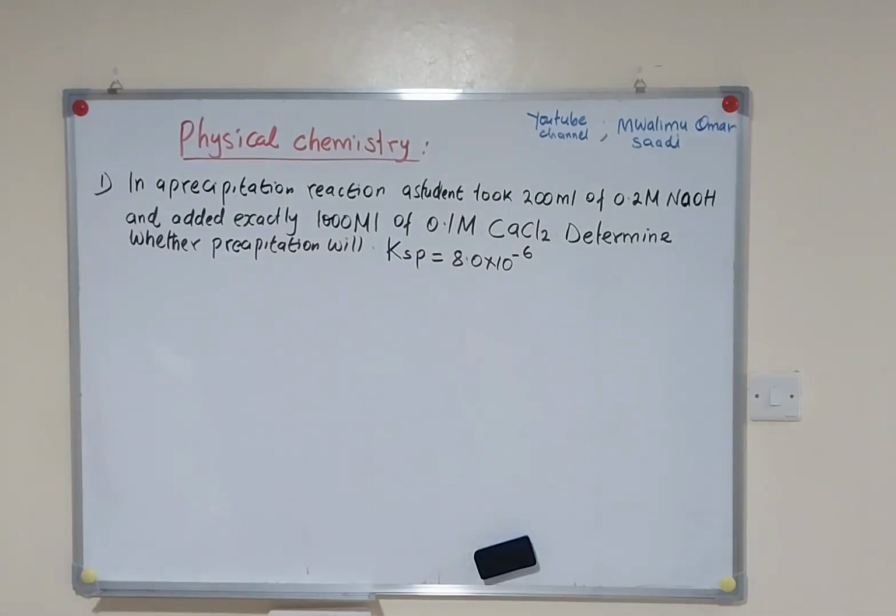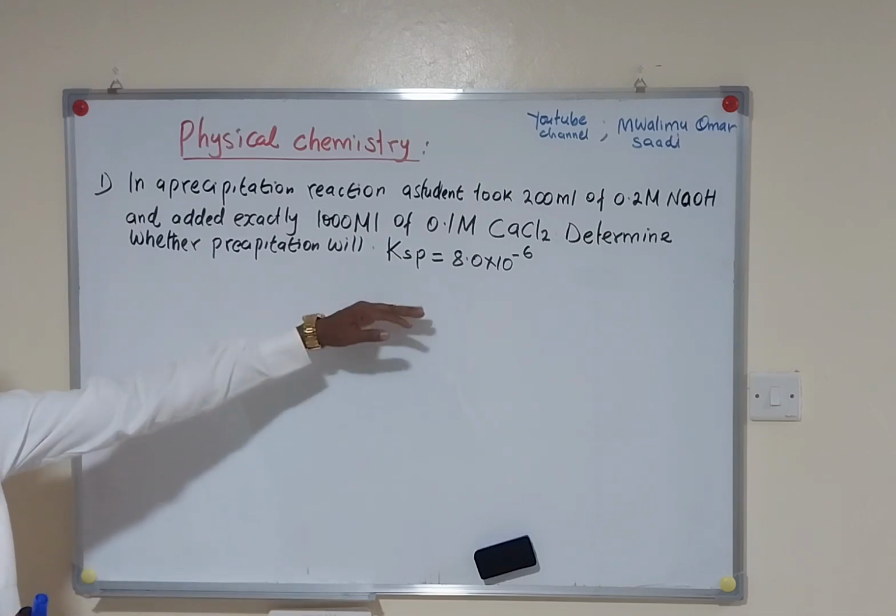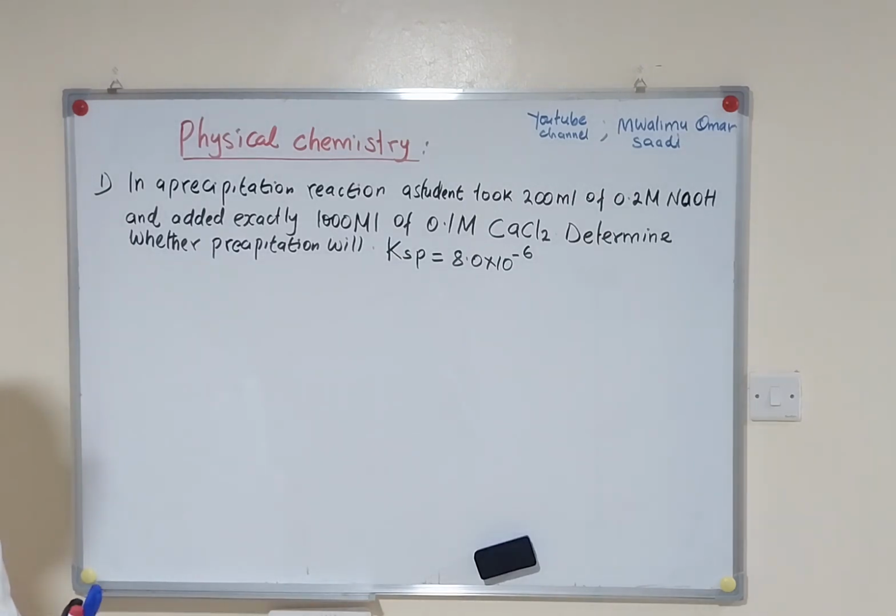So for us to know whether precipitation will take place or not, we need to compare the KSP and the reaction quotient. If the reaction quotient, that is Q, is less than the KSP, that means there is no precipitation taking place.